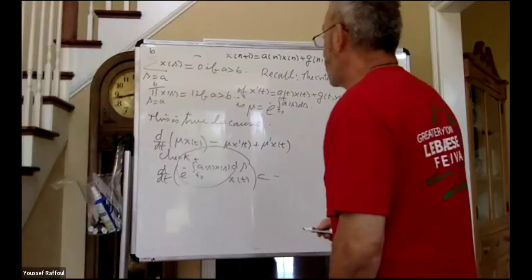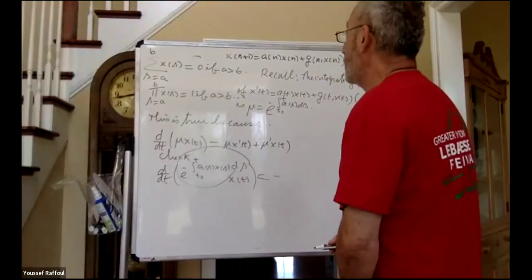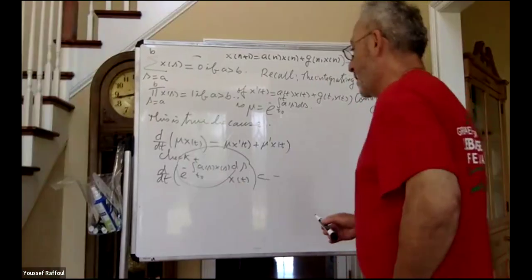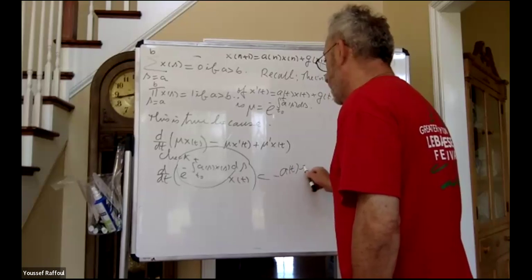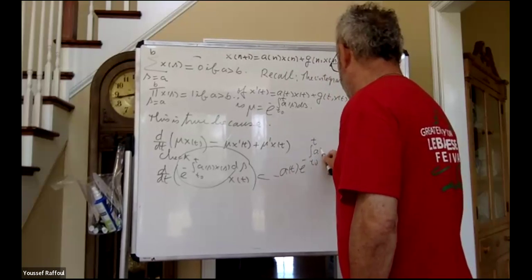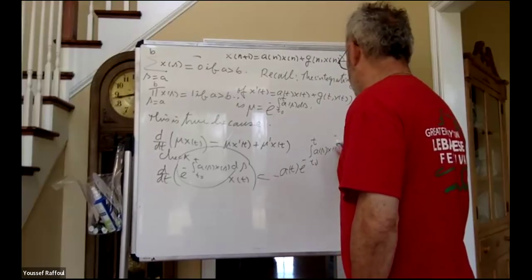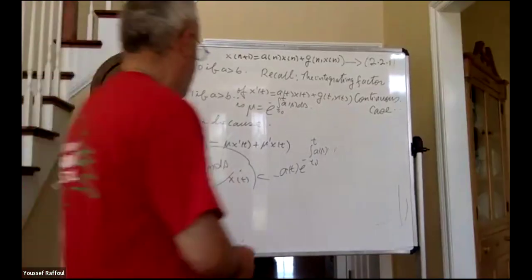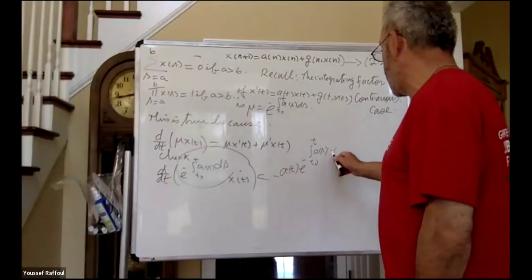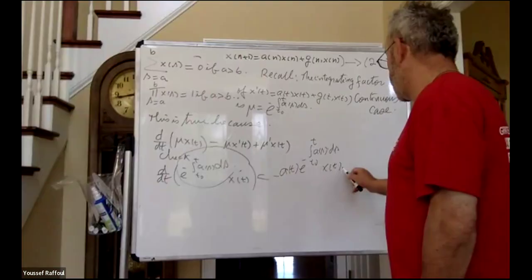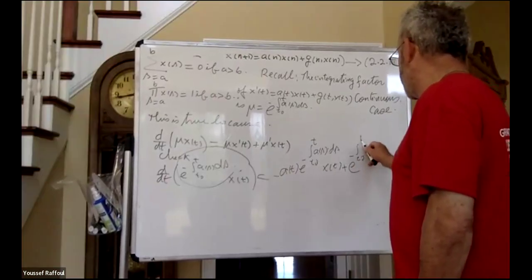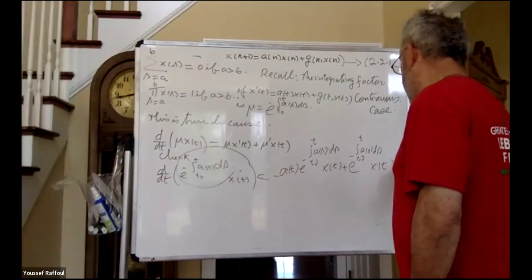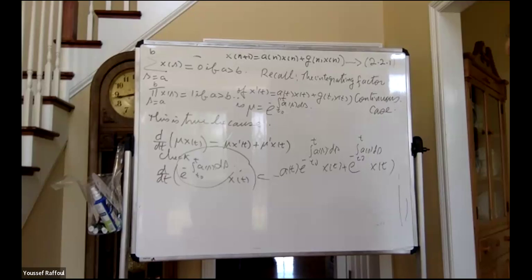So this is equal to minus a(t) e to the minus integral from t_0 to t of a(s) ds, sorry, there's no x(s) here, it's ds, times x(t), plus e to the minus integral from t_0 to t of a(s) ds times x'(t).